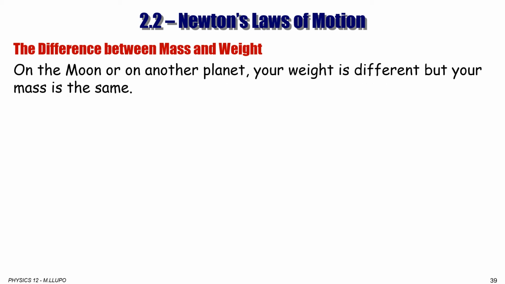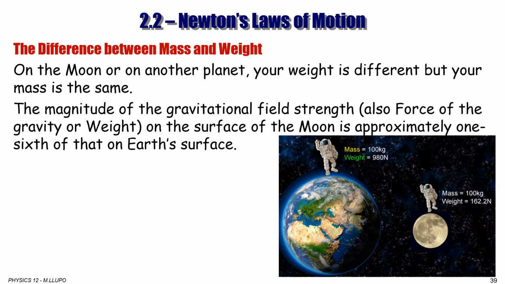So mass is different from weight. On the moon or on another planet, your weight is different, but your mass is the same. For example, the magnitude of gravitational field strength, also force of gravity or weight, on the surface of the moon is approximately 1/6 of that on Earth's surface.